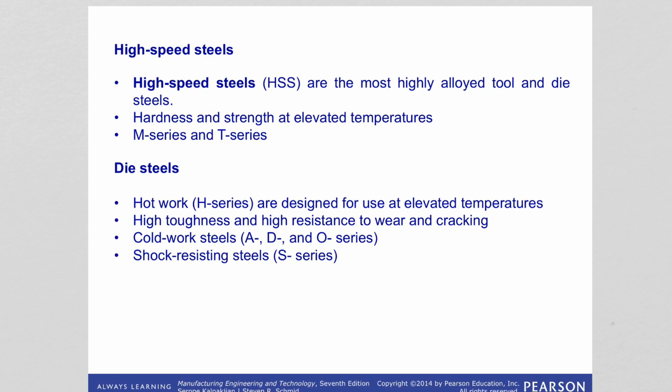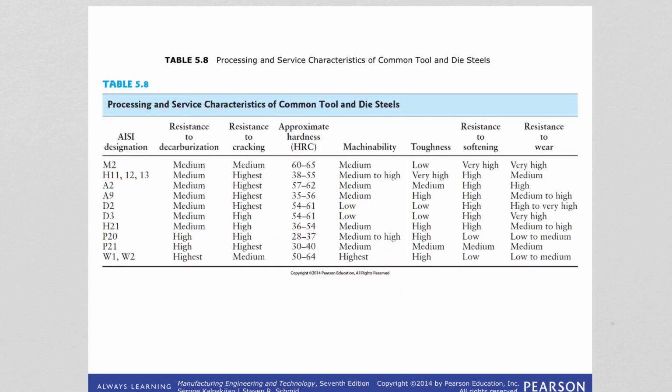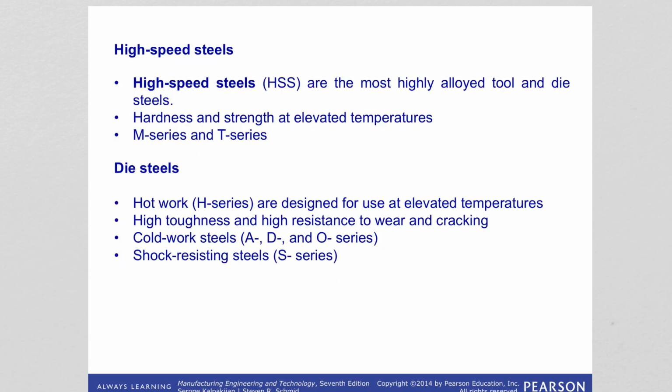These are M and T series, as we talked about. If you go back, you see tungsten base, molybdenum base. And these can achieve hardness and strength at elevated temperatures.